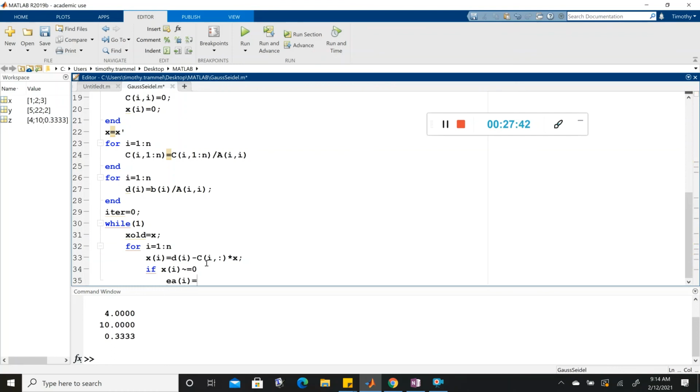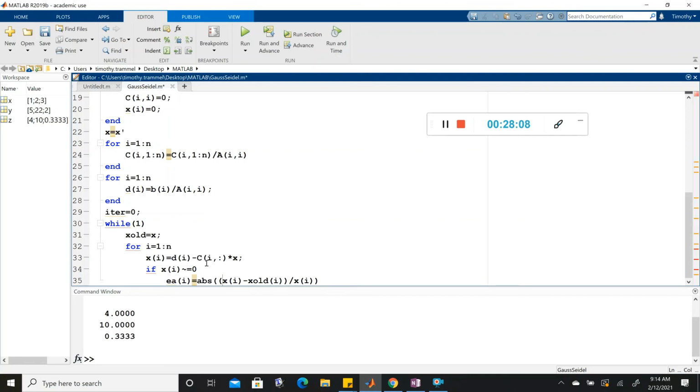Okay. So it should be the absolute value. And I want to do x of i minus x old of i. And then we'd like to divide that by x of i. And I just want to double check my parentheses here.